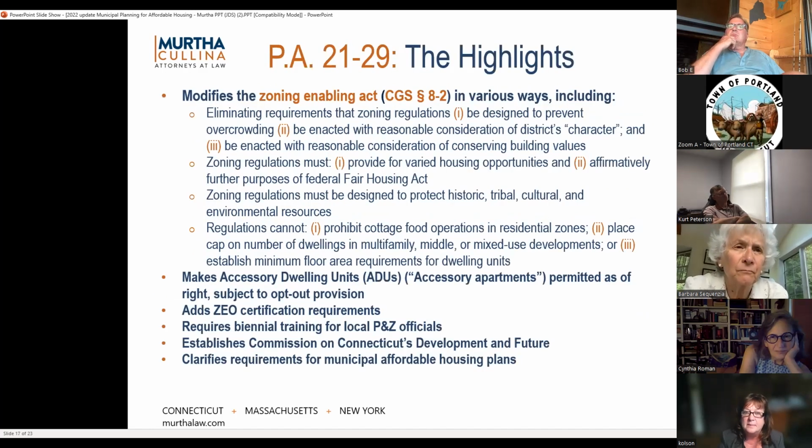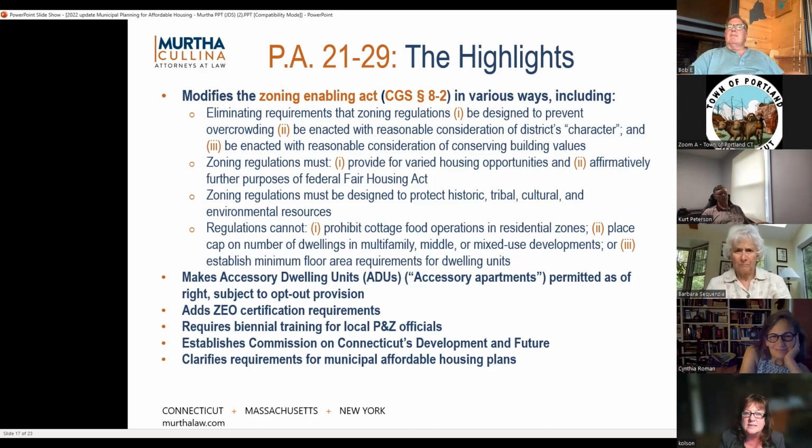Okay, so now we've got Public Act 21-29, which changed the whole world of land use in so many ways. What it did was it modified the Zoning Enabling Act. Now you all might remember the old 8-2 where one of the criteria was your regulations should avoid congestion of the streets and this, that, the other thing. Well, they wiped that out. They don't want to hear about that anymore, right?